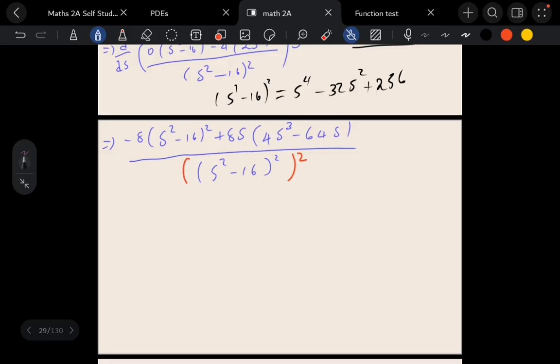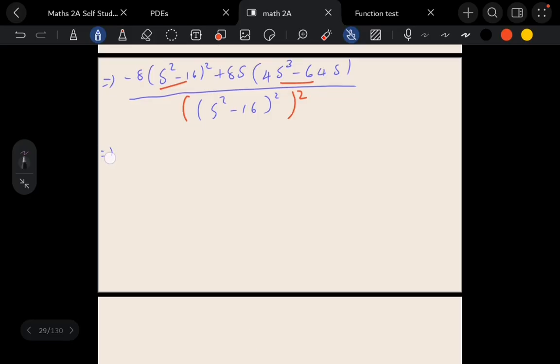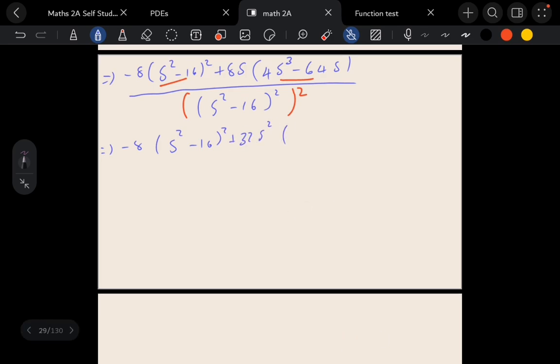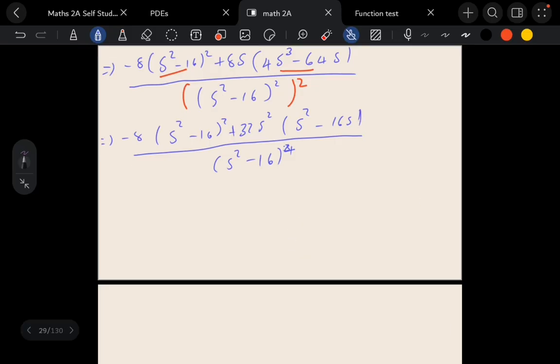When you simplify this, you will see that there is a highest common factor here and there. So I take out the highest common factor of 4s, and I'm going to have 32s squared in bracket s squared minus 16, divided by s squared minus 16 all to the power 4.